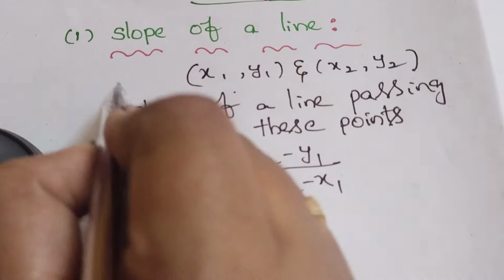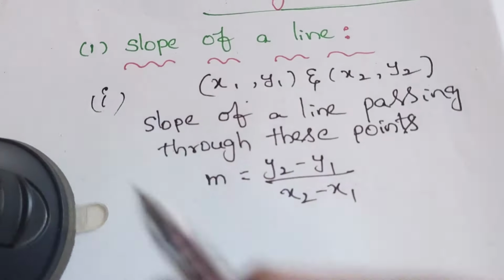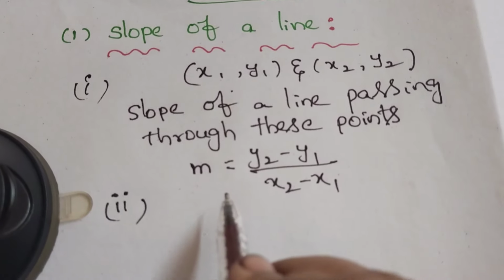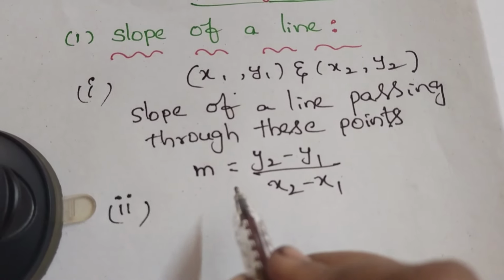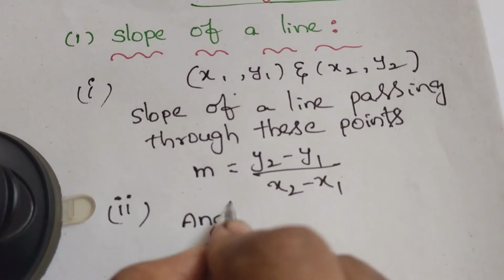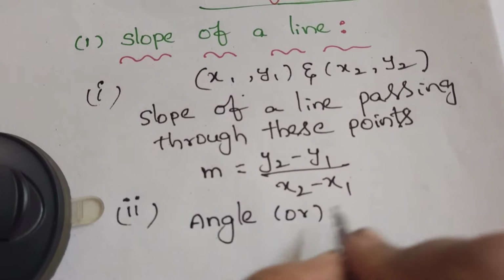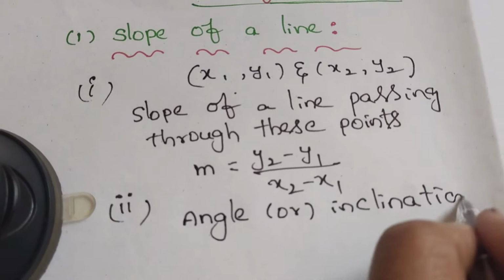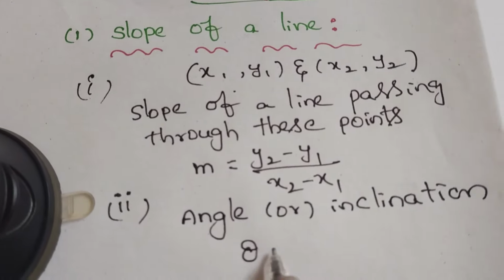Next, slope, this is a sub question. Second sub question: when we know the angle of a line, then what is the slope of that line? Suppose we know the angle or inclination theta of the line.